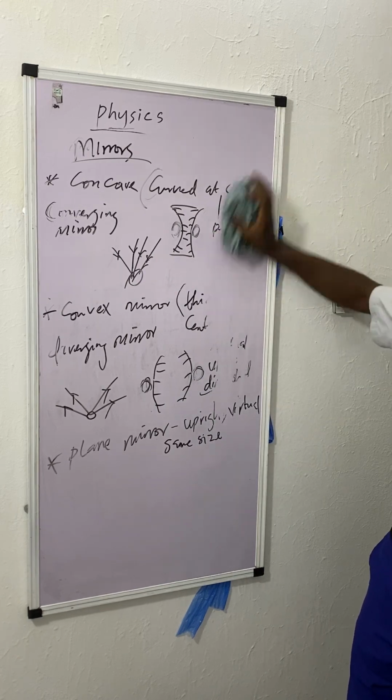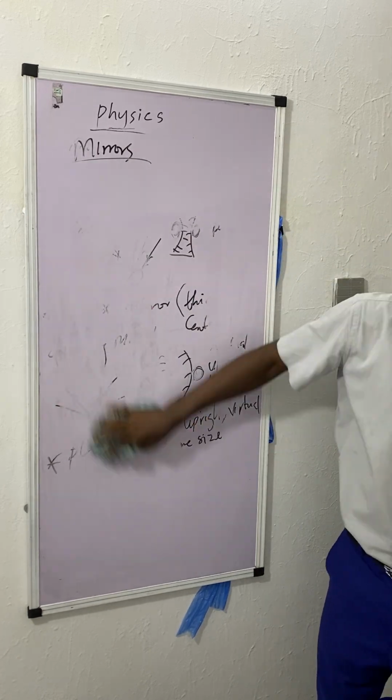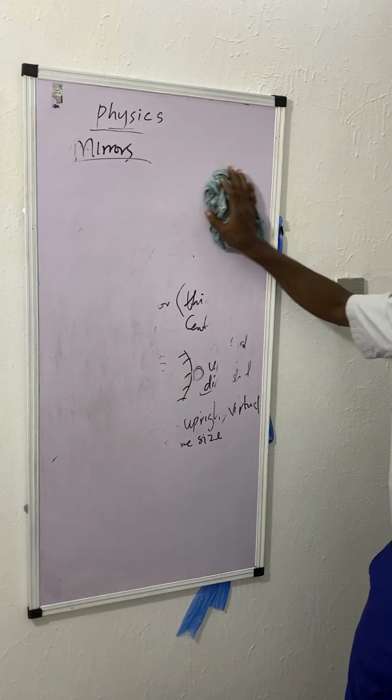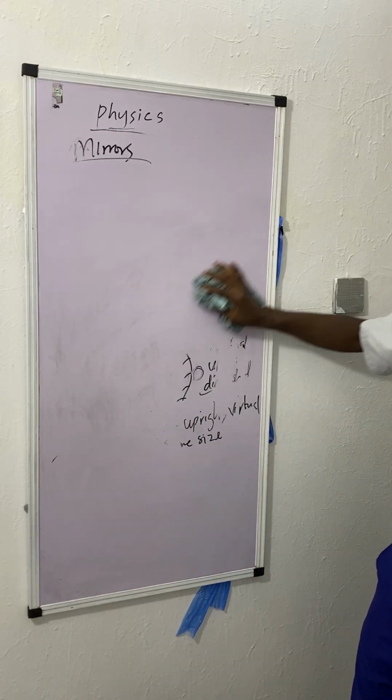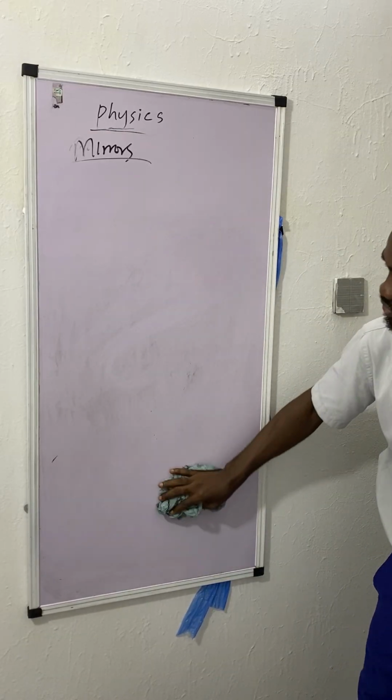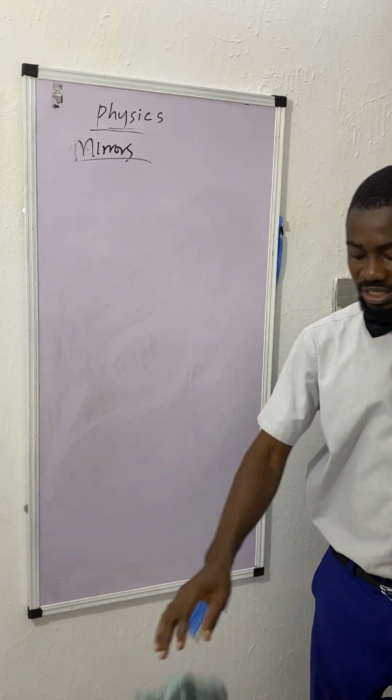This takes us to the mirror formula or the lens formula. The same thing applies; the only difference is the laws behind the formula. So let's just call it optics formula.